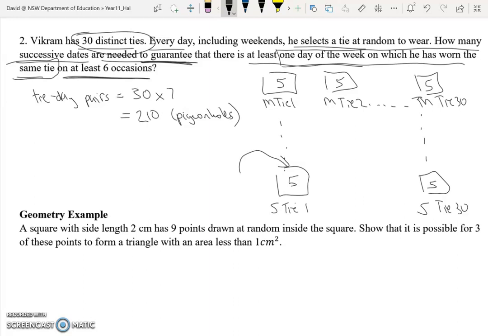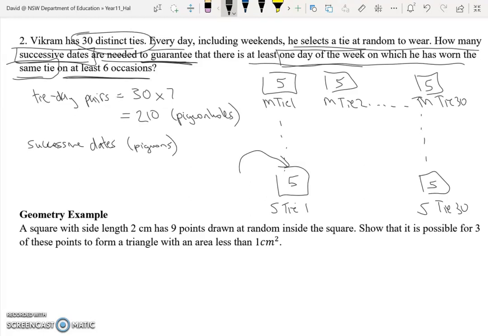And we want to know how many successive dates. So the actual thing I'm looking at here for pigeons is the successive dates. Then I'll put in bracket the pigeons.